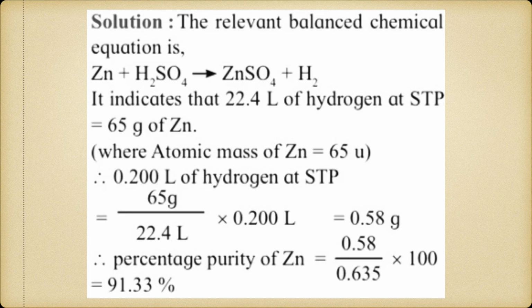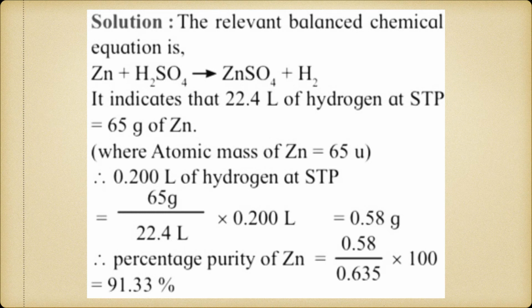Okay, now it is very simple. 200 centimeter cube, that is 200 ml, is equivalent to what? 0.2 liters. So 0.2 liters of hydrogen at STP will give me what? 65 into 0.2 upon 22.4. So after solving this, I'll get the value as 0.58 grams of zinc.